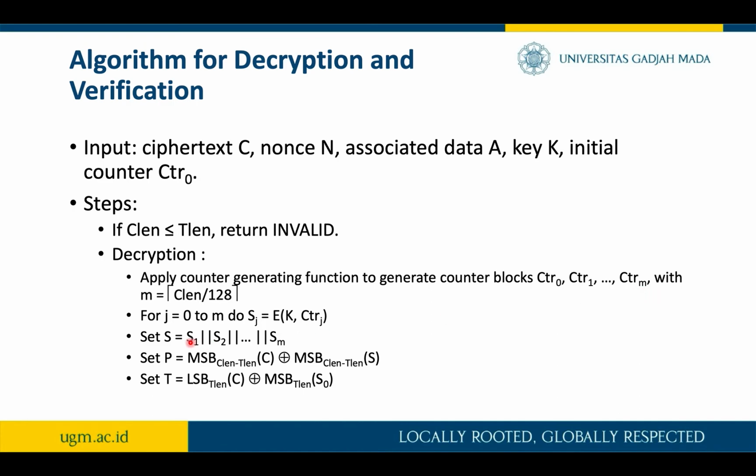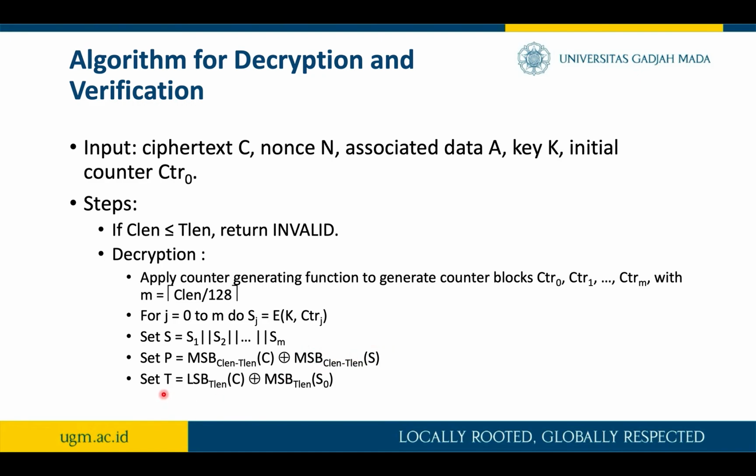We will get S0 to SM, but for decrypting the ciphertext, we use S1 to SM. S0 is used to decrypt the encrypted message authentication code. P is just obtained using the sort operation between the ciphertext and the key stream.